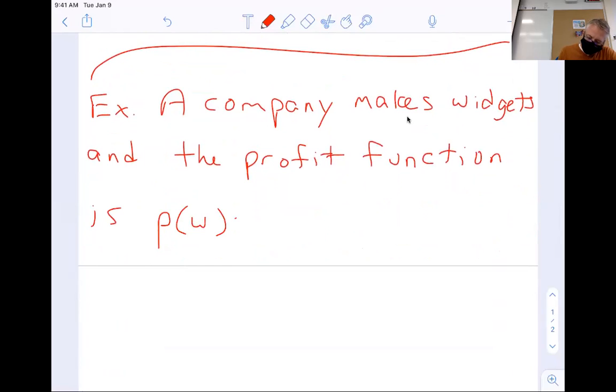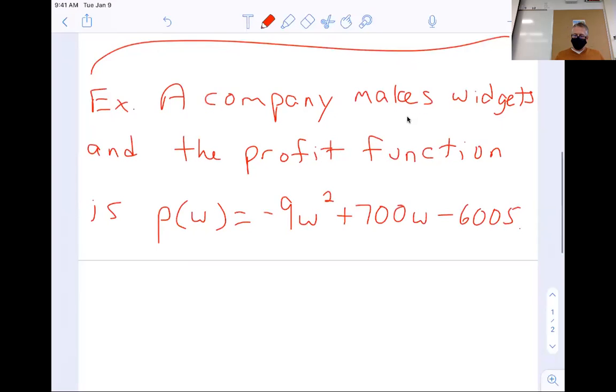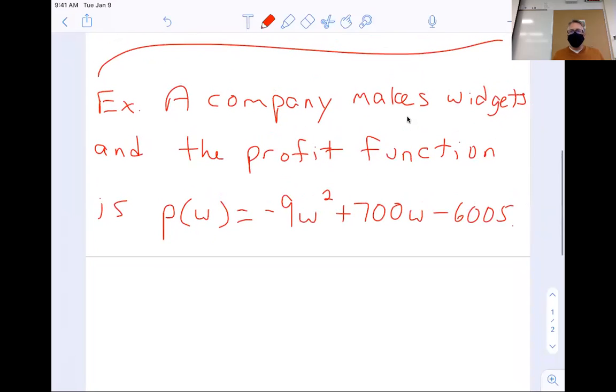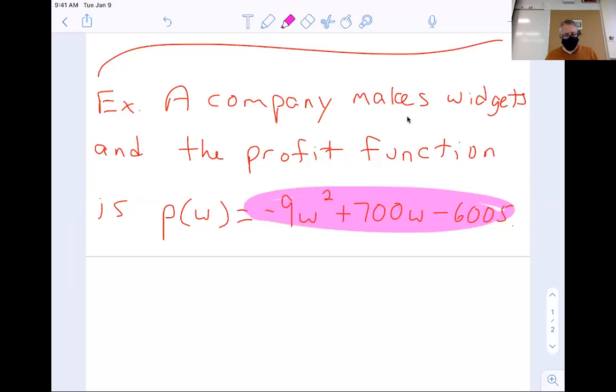P of W, because it's the profit per widget. So P of W equals -9 W squared plus 700 W minus 6,005. All right, so we have a company that makes some object, these widgets, and the profit function is given by this. So instead of asking a question, I'm just going to graph that and then start talking about what different parts of it mean.